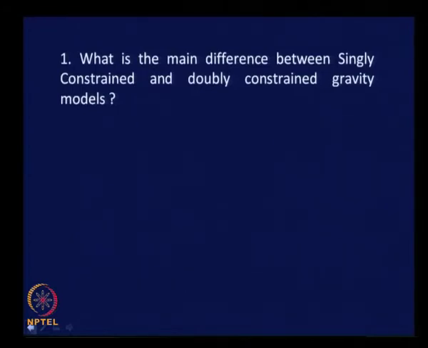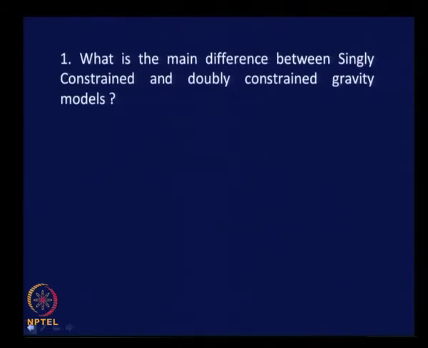The answer is this: the constraint related to zonal trip production is built into the model itself in the case of the singly constrained gravity model.